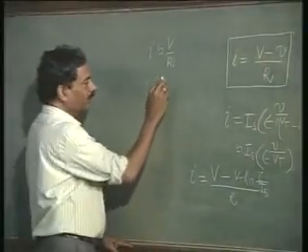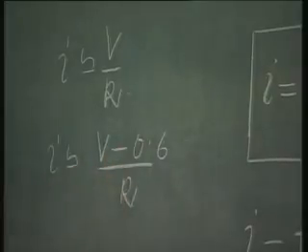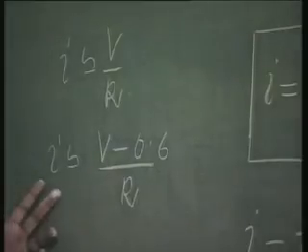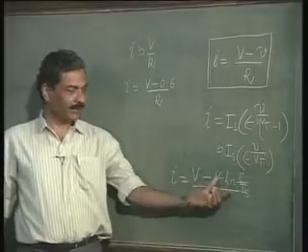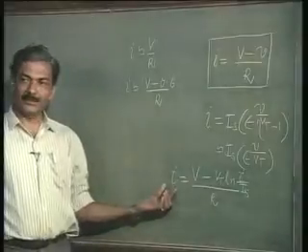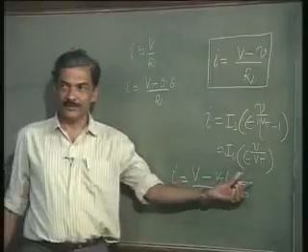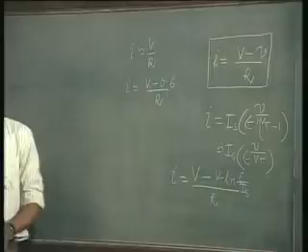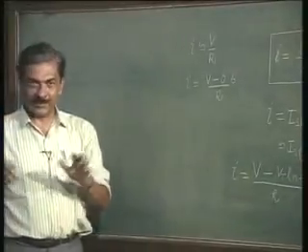So, taking this as (V minus 0.6) divided by R, we can evaluate I. This is a pretty good approximation for I. Use this I in this expression to get the value of V more exactly, and then evaluate a better approximation for I. Then use that again here, and you do this successively until the successive values of I you get are very nearly the same to any percentage accuracy you need.